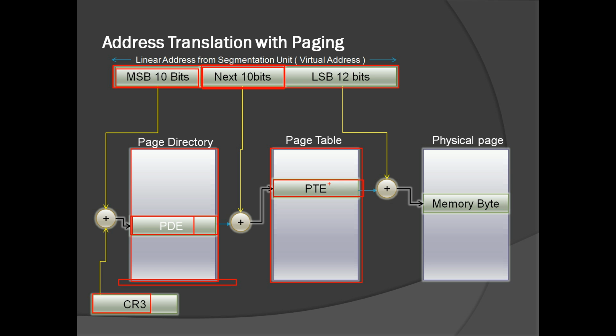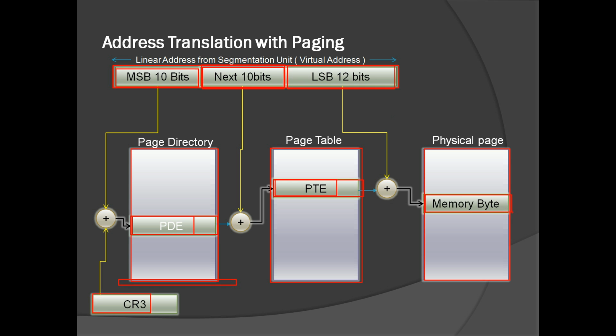Page table entry points to a page in the physical memory. If we add the first 20 bits of page table entry with the last 12 bits of the virtual address, you will get the physical address of the page, which is the output of the translation.